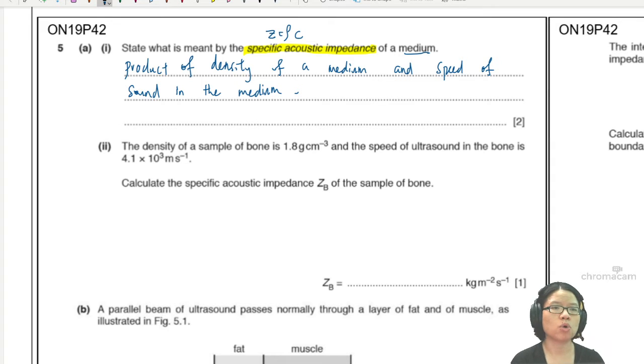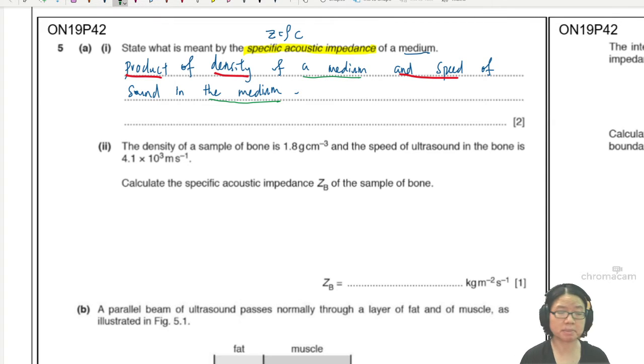So 1 mark is for product of density and speed, and the other mark is for you mentioning that it is the speed of sound in the medium. Talk about the medium. The medium here is fat, muscle, bone, etc.